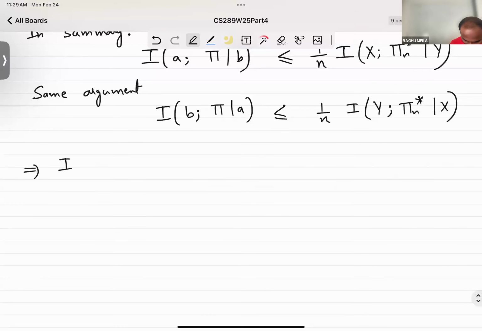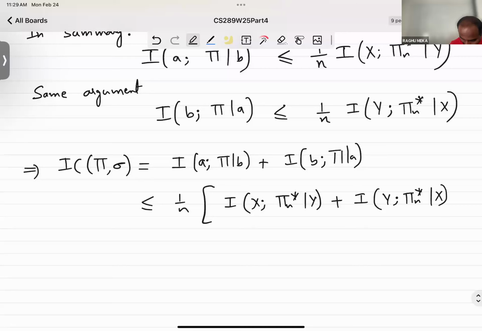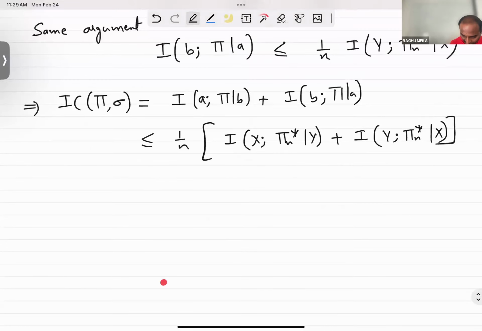So this implies the information cost of the protocol with respect to sigma is the sum of these two things by definition, which is at most the sum of these two things, which is exactly the information cost of pi n star with respect to sigma.